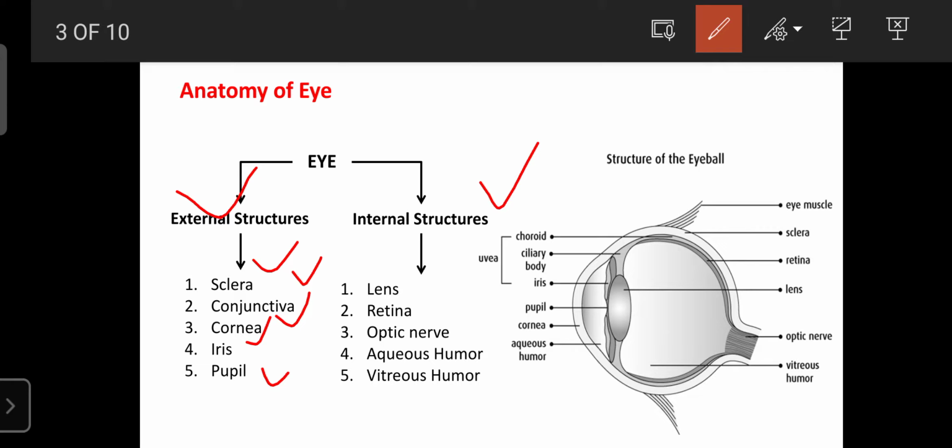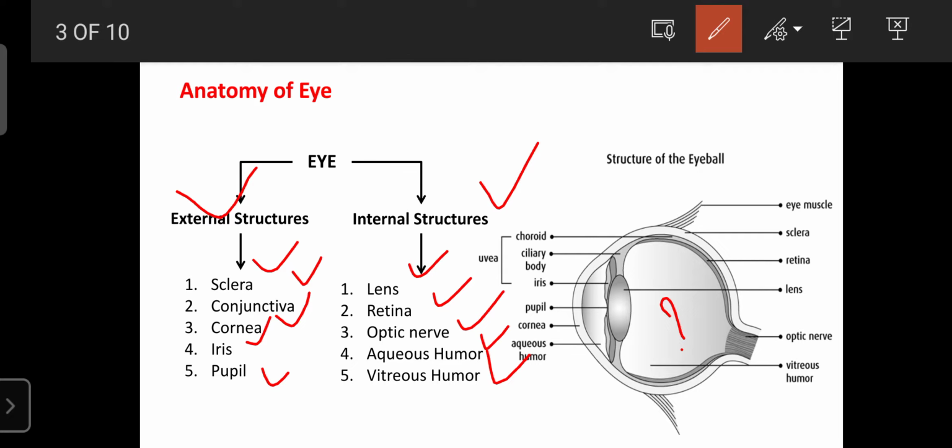The internal structure consists of the lens, retina, optic nerve, aqueous humor, as well as vitreous humor, present between the lens and the retina. They are helpful to make the object fall correctly on the retina. Then the retina, with the help of photoreceptors, converts it into impulses, and we can recognize the impulses with the help of the brain.